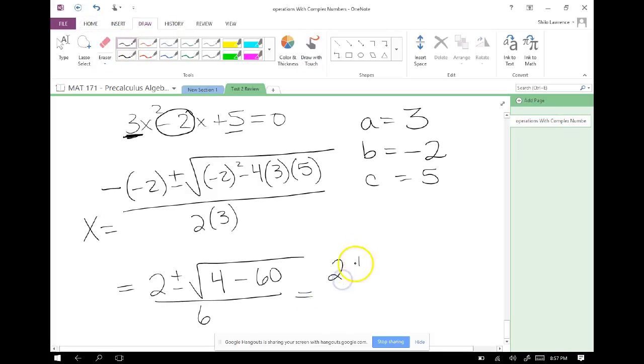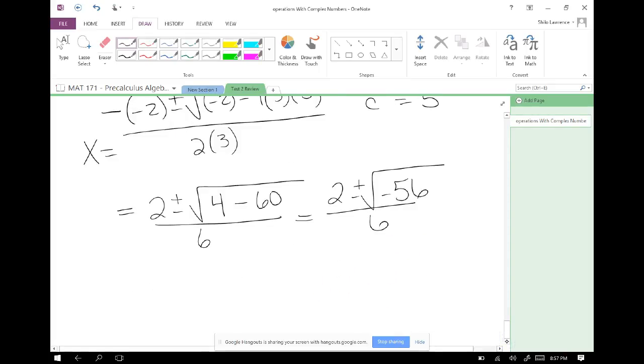And then inside the square root, we can subtract. 4 minus 60 is negative 56. A negative inside of a square root is going to come out as an i.